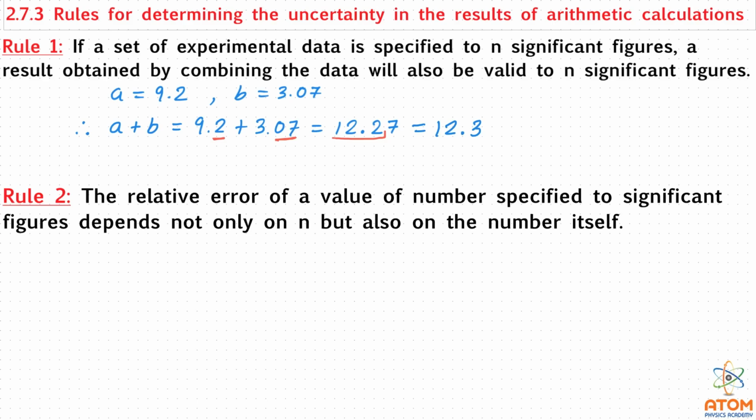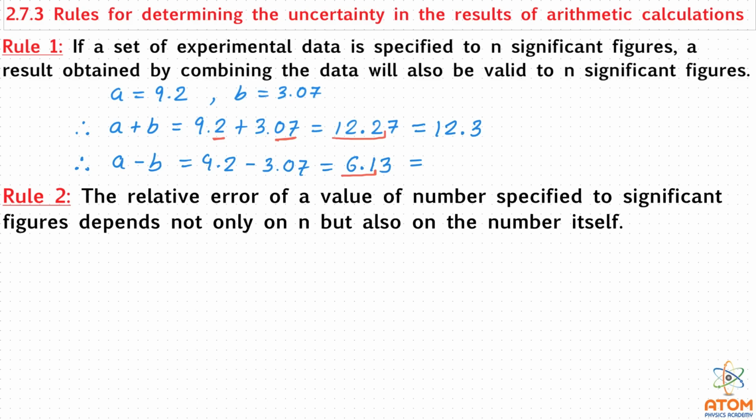Now the same way, if we take a case of subtraction of A and B, then it will be 9.2 minus 3.07, which will be 6.13. Again here also I have to reduce it up to the first decimal place.